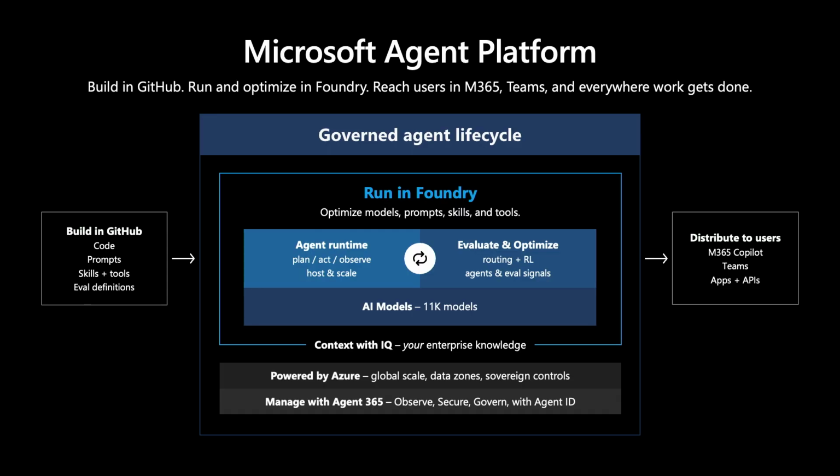Foundry has got you covered. You can choose either one that fits your needs. And once you have that, you can have your agent built in GitHub with code and prompt checked into GitHub, run your agent in Foundry with built-in observability, evaluation and optimization, and once you are ready, distribute your agents to users on M365.